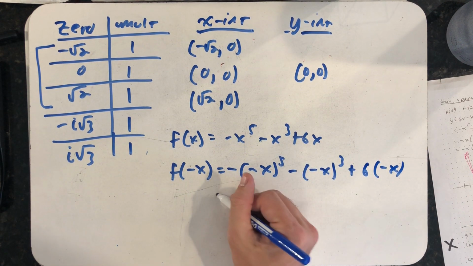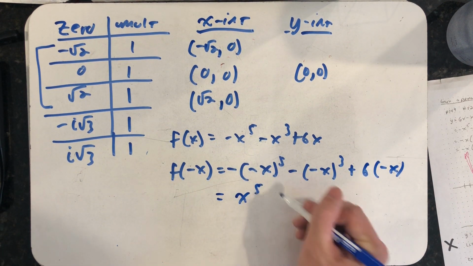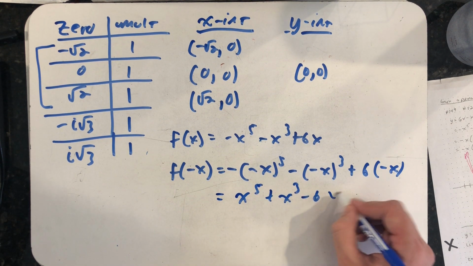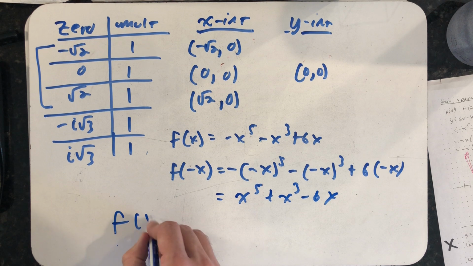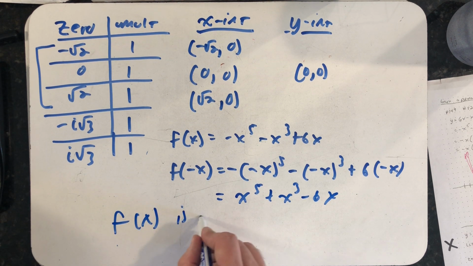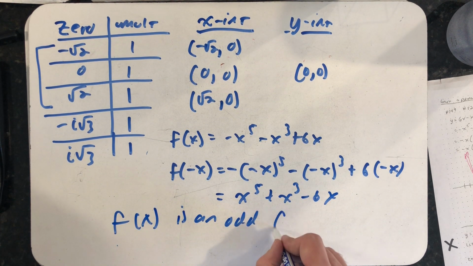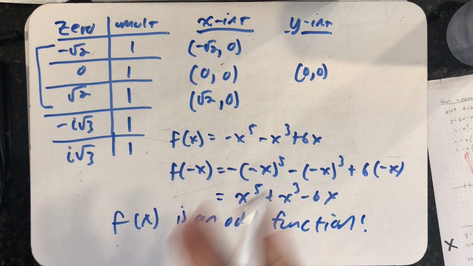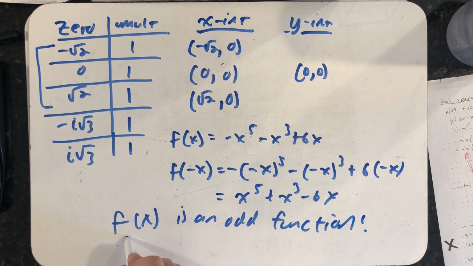The minus will come out front. All of the signs are going to change, and this is the opposite of what I started with. f of x is an odd function. So whatever I'm getting ready to graph has to have that symmetry about the origin, that rotational symmetry.